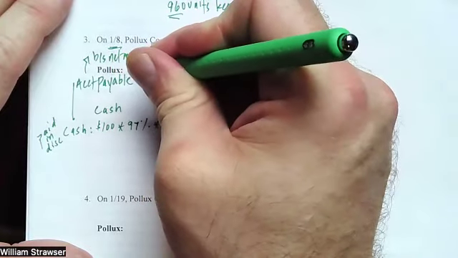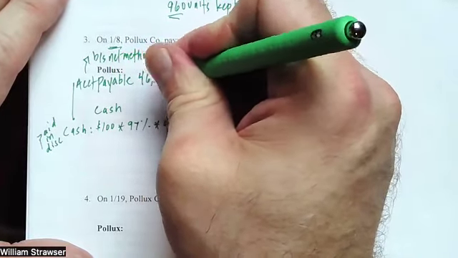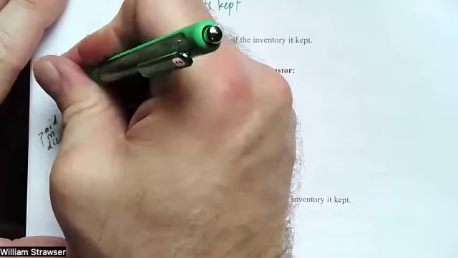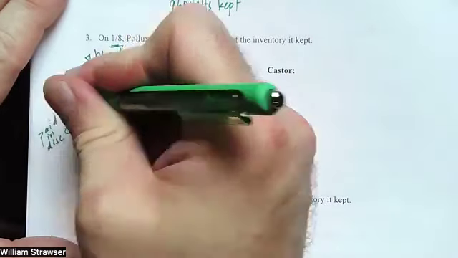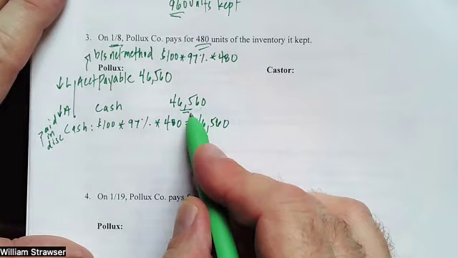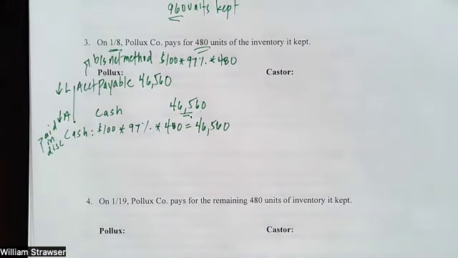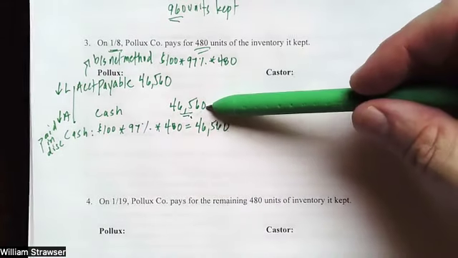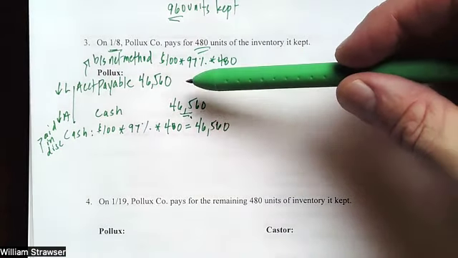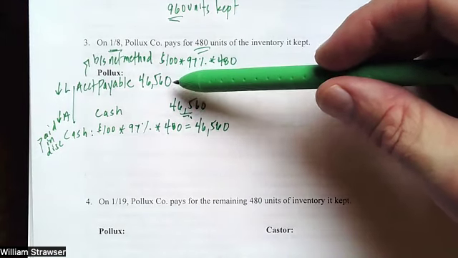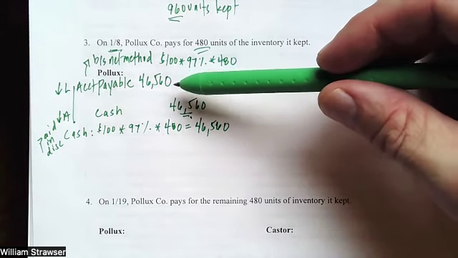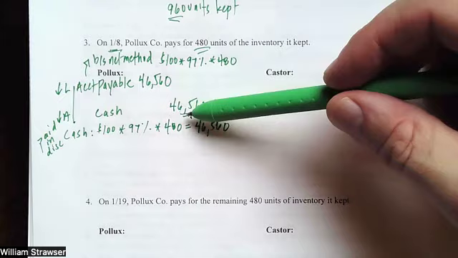So because we had a net method approach as the buyer and we paid in the discount, we paid discount cash. We don't have any extra accounts that need to come in between the two. This is at the discount amount because it was paid within the discount. This account is discounted terms because we use the net method. So they align.